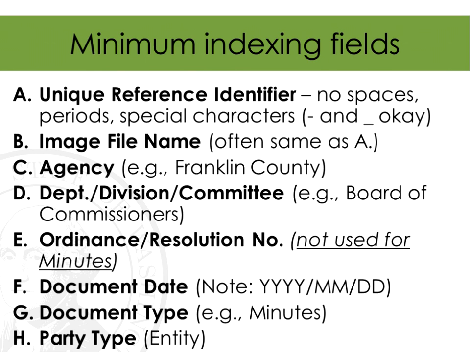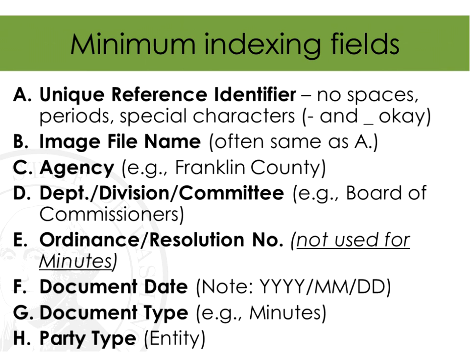E, well, if these were minutes, column E would end up being document date, but in the case of ordinances and resolutions, you would enter the ordinance or resolution number here, just following the system that however that ordinance or resolution was identified originally, that's the ordinance or resolution number you'd put here. And F would be the document date.